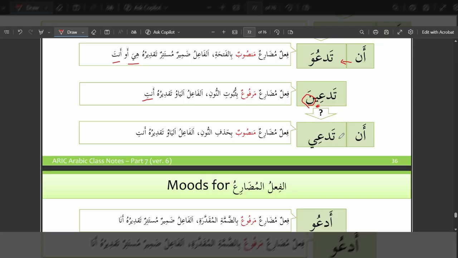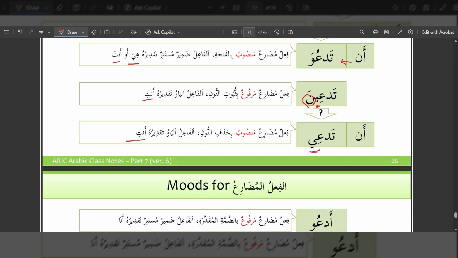So an tad'i. فعل مضارع منصوب بحذف النون. That is, it is a present tense in the mansoob form with the omission of the noon. As you can see, this noon has been omitted here and we get tad'i. And the fa'il is al-ya'u taqdiruhu anti. So the ya here is the fa'il, which shows us that it is anti.